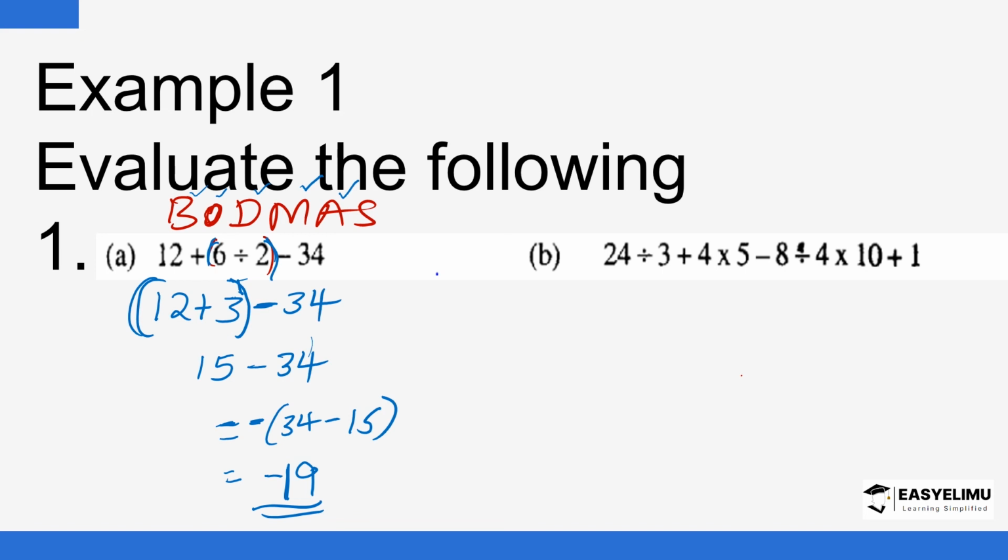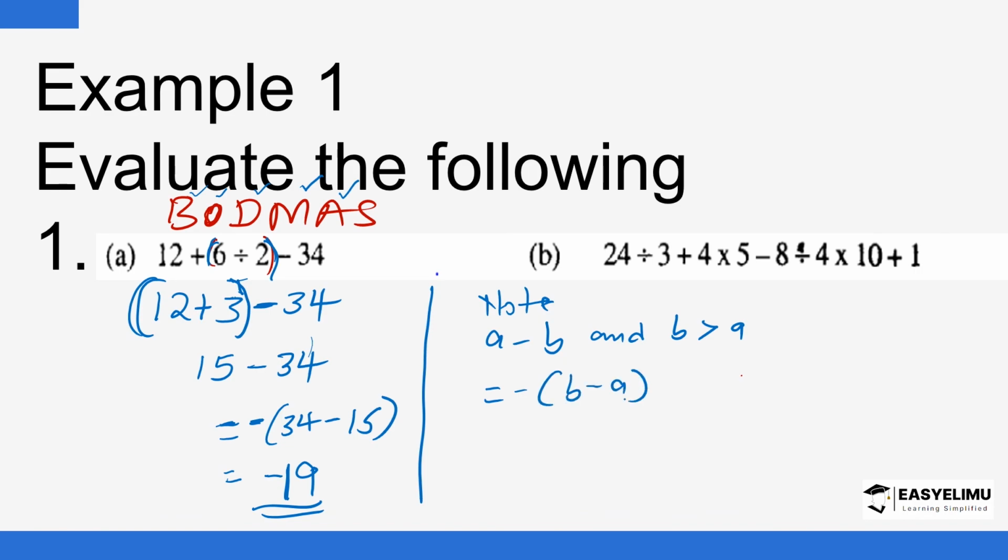You can note it down. If you have A minus B and B is greater than A, then the answer here is going to be negative of B minus A. Please take note of that.